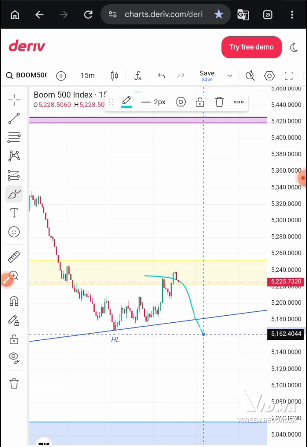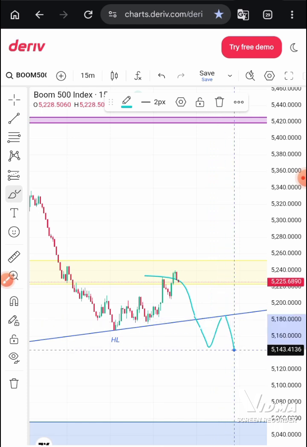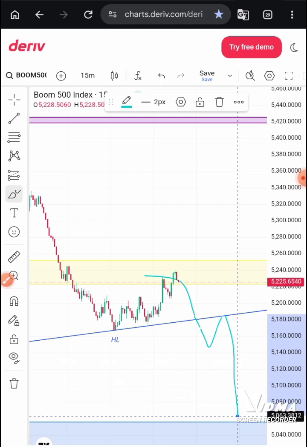If price breaks this trend line and comes back to test it, then we can take our trade all the way to our support, right?